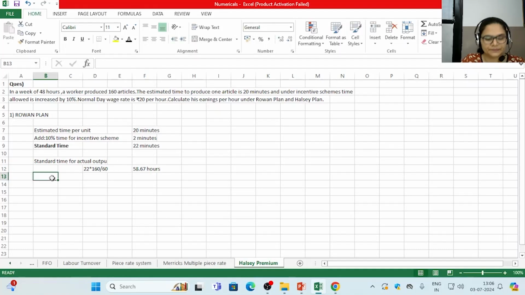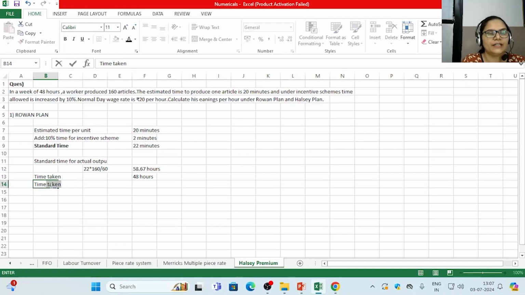Next is time taken. Time taken is 48 hours. We all know it is given in the question: in a week of 48 hours. Now, how much time has been saved?